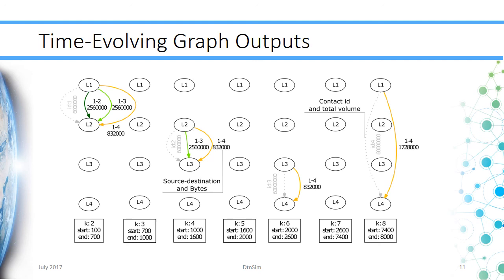And in each state, represented by a static graph, we can see how much data flows from one node to the other. It's a very convenient static way of visualizing how a time-evolving traffic flow behaves in a time-evolving topology like the one studied in DTN.